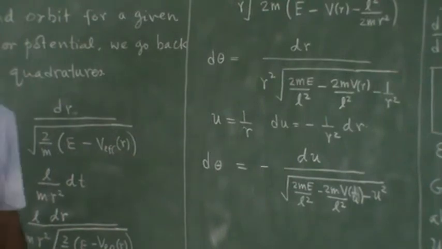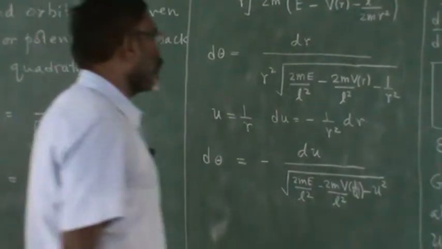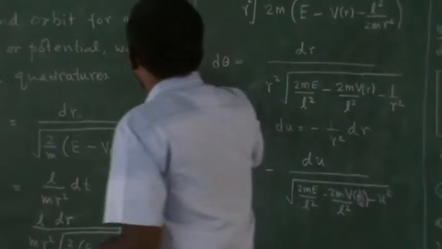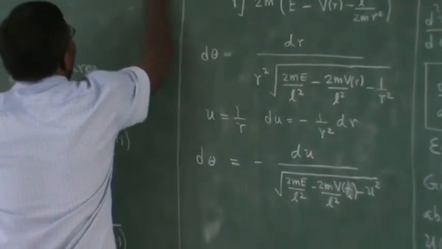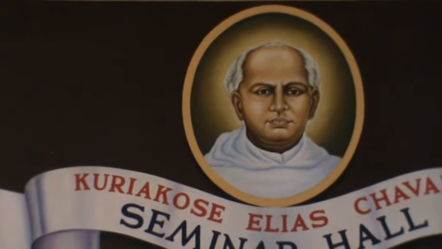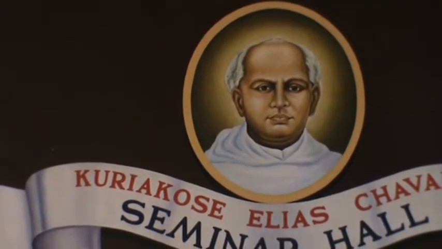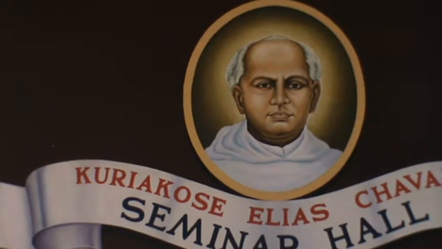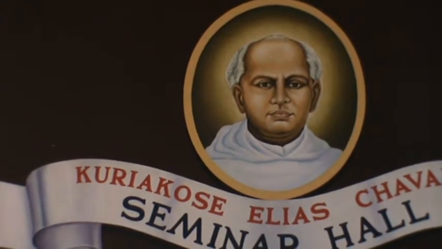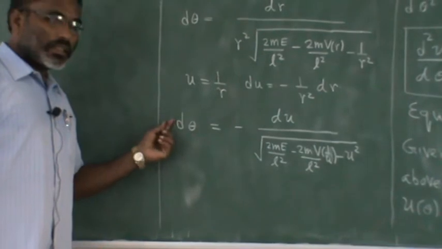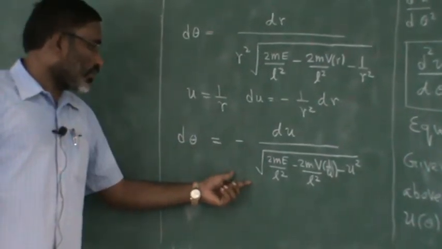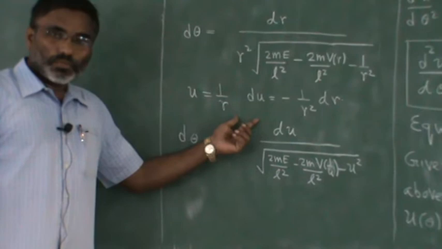So the quadrature for the orbit, you can now recast. If I call theta naught the initial condition, then theta minus theta naught is equal to the integral from u naught to u.